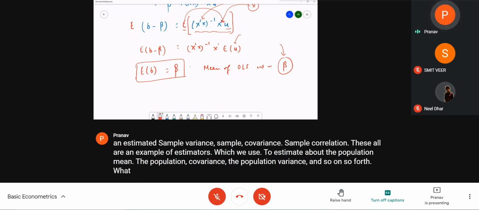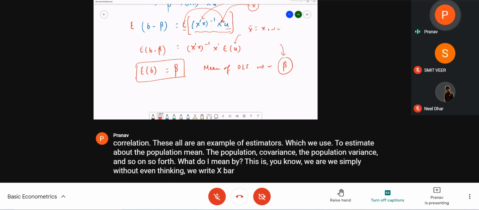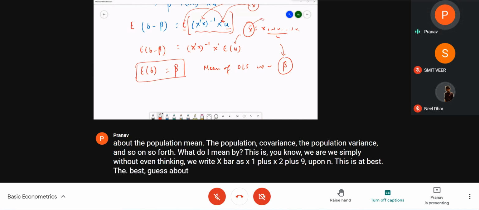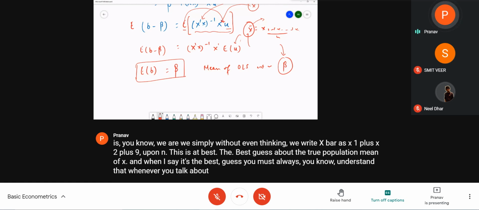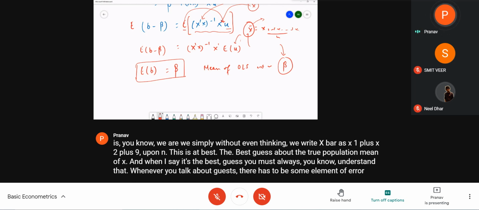Now, what do I mean by this is, we simply, without even thinking, write x bar as x1 plus x2 plus up to xn upon n. This is at best the best guess about the true population mean of x. And when I say it's the best guess, you must always understand that whenever you talk about a guess, there has to be some element of error attached to this guess.